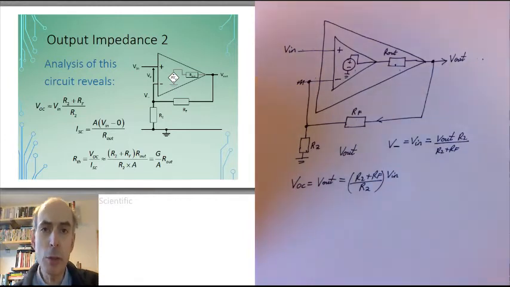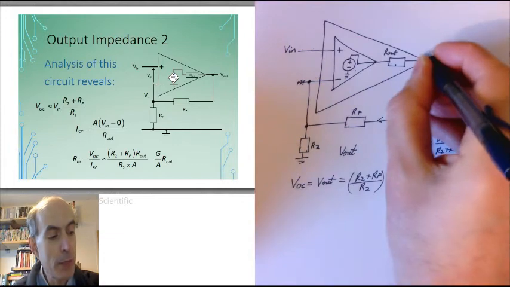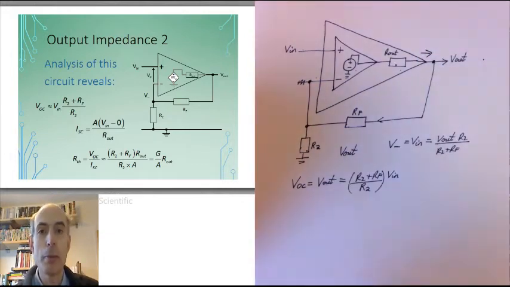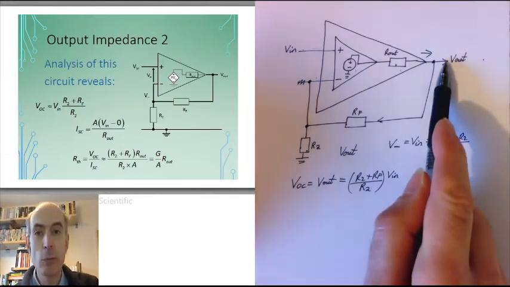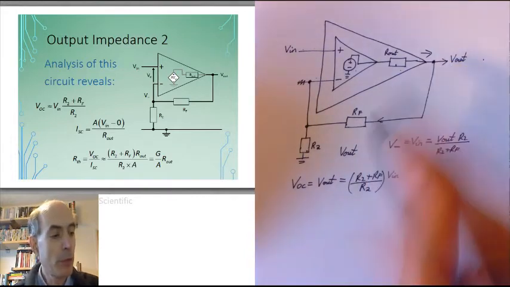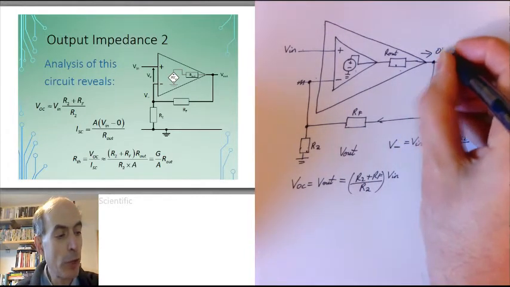Now, the Thevenin equivalent resistance is the ratio of the open circuit voltage to the short circuit current. And I can work out the short circuit current by saying what would the current be flowing out of my op-amp if I connect Vout to ground. Well, if I do that, then I've got 0 volts here.